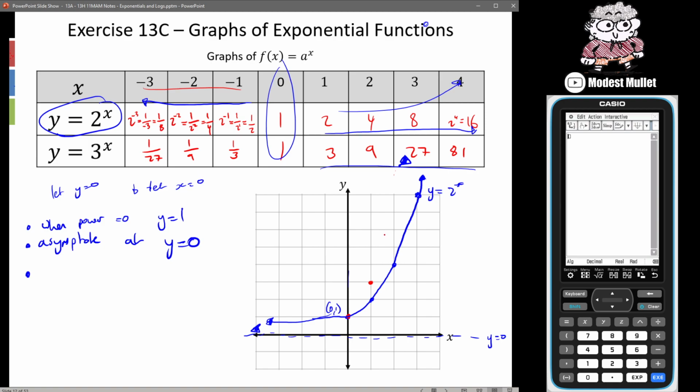But if we do y equals 3 to the power of x, 3 goes up to 9. 9's there. We get something that looks like that. So that's our shape. It's exponential. It grows really, really quickly.